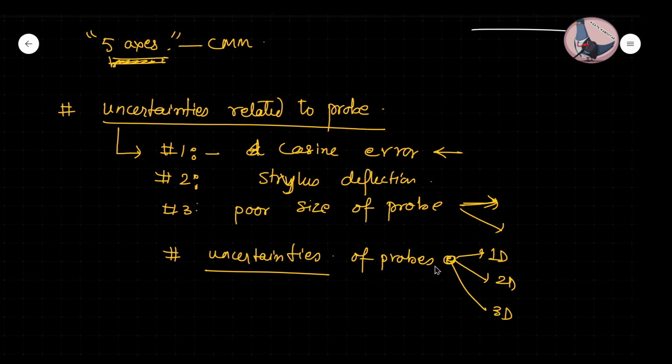I will not go into details, I will just tell you how they are measured. 1D uncertainties are measured using gauge blocks or gap gauges. 2D uncertainties are checked by ring gauges. Correct pronunciation is 'gauge', though we often say it differently. And 3D uncertainties are done by spheres.